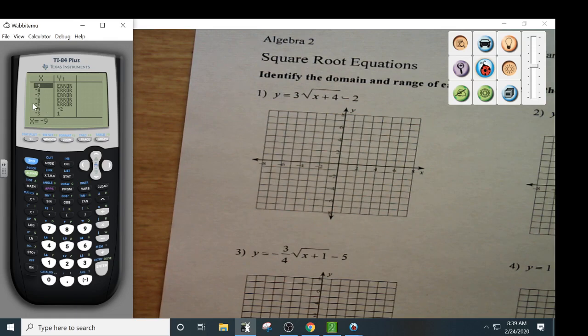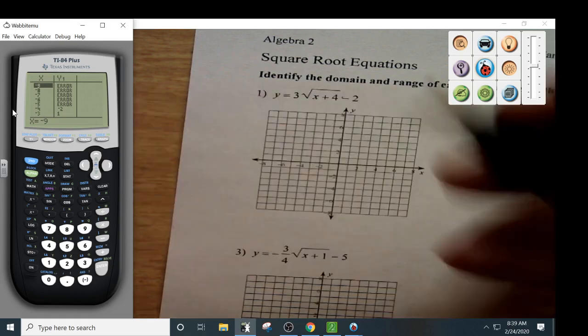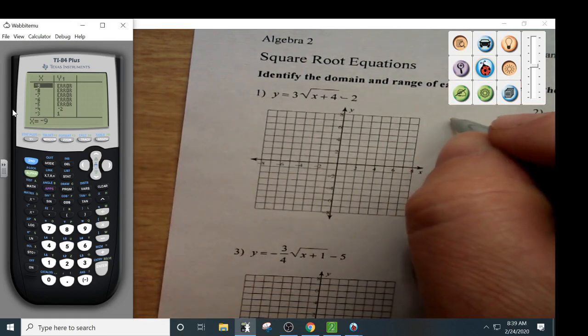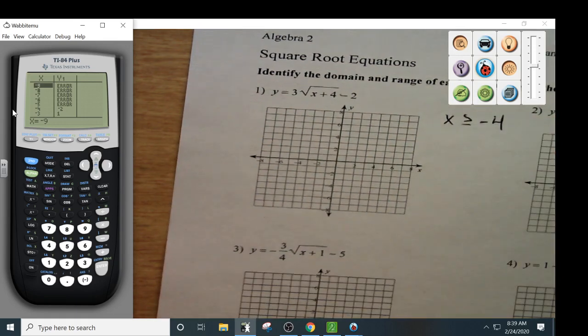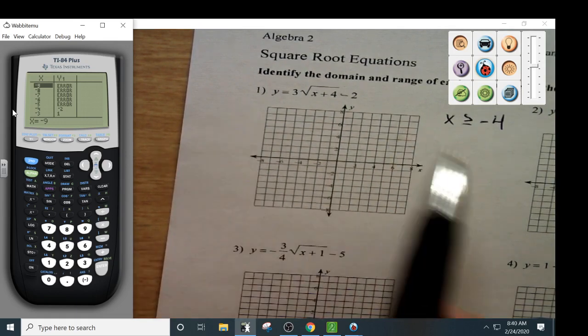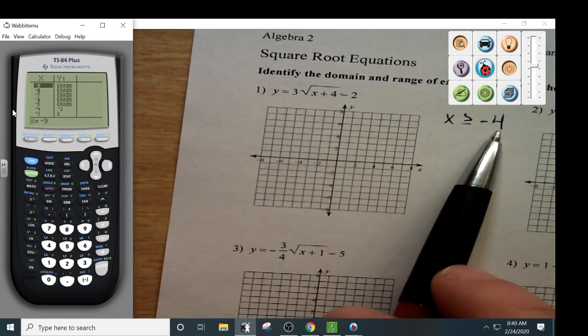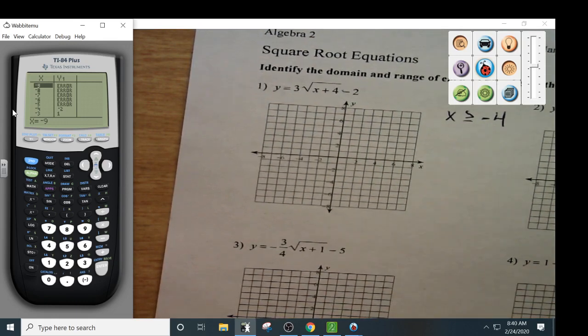But when I go to -5, I get an error message. What that means is this is the lower limit of your domain, -4. Okay. So that being said, you say, well, I know my domain is x values greater than or equal to -4. You didn't have to really set it equal to greater than or equal to 0. That's how you do it algebraically, but as far as the calculator goes, I know that -4 is my lower limit because when I go to -5, I get an error message. Okay.